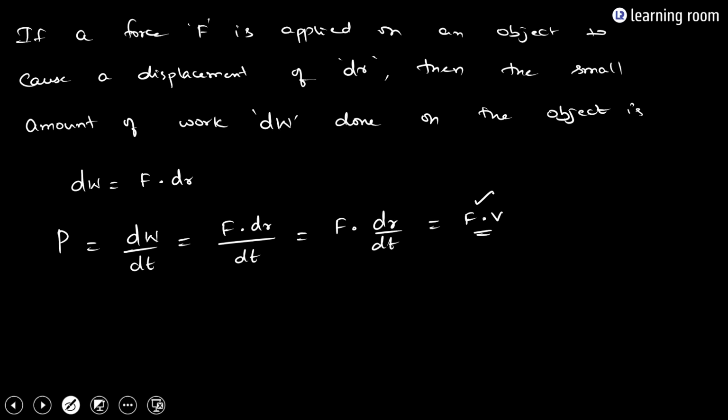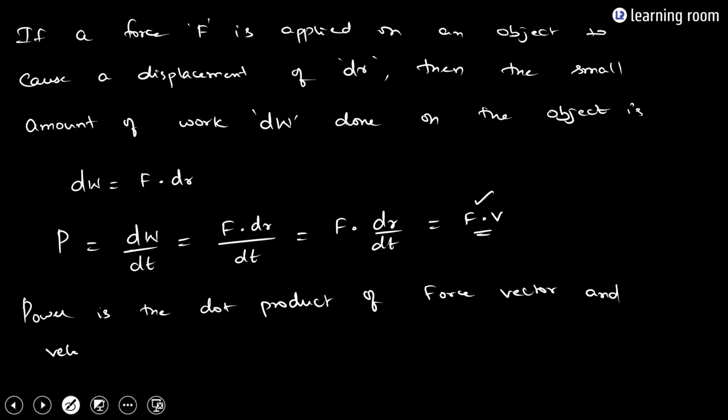So power is basically the dot product of the force vector and the velocity vector. So power is the dot product of the force vector and the velocity vector.